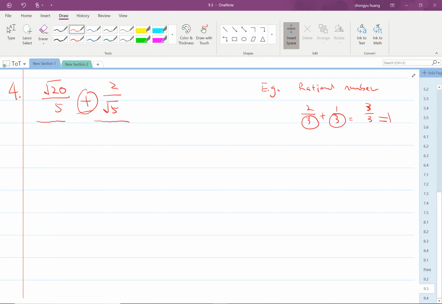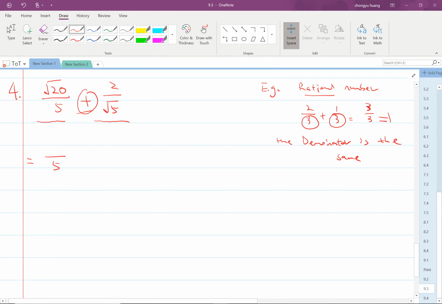You want to make sure the denominator is the same if you want to add rational numbers. That's the key idea over here. You want to make sure the denominator is the same, so you are able to do any addition or subtraction, okay?